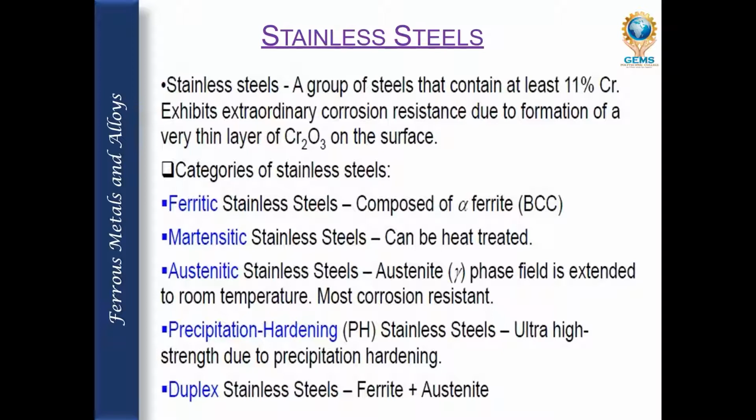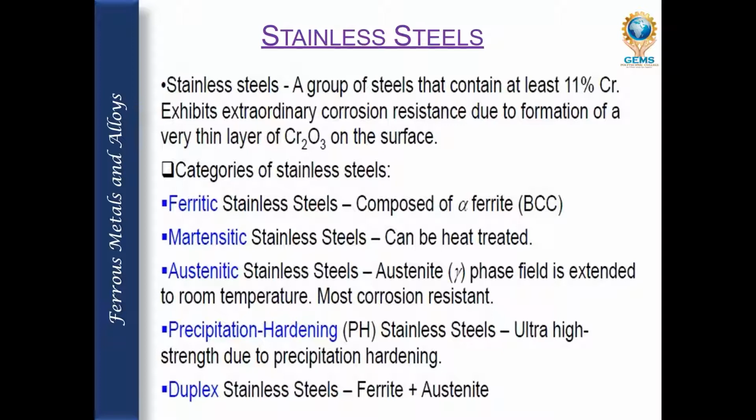The most important thing is that it will not rust. Unprotected carbon steel rusts readily when exposed to a combination of air and moisture. When the carbon steel is unprotected, it leads to rusting.